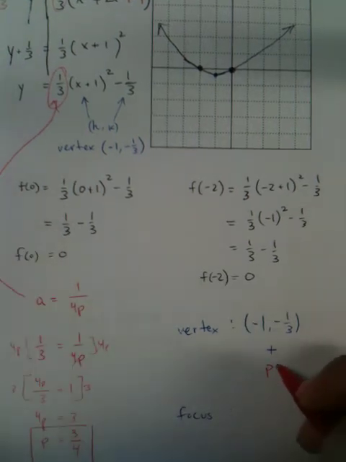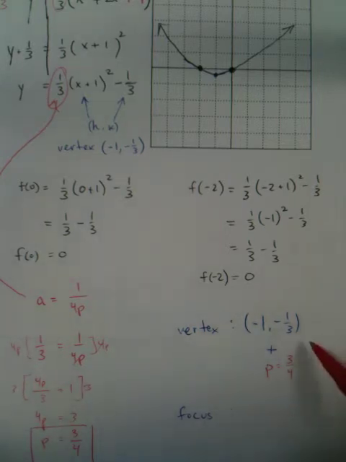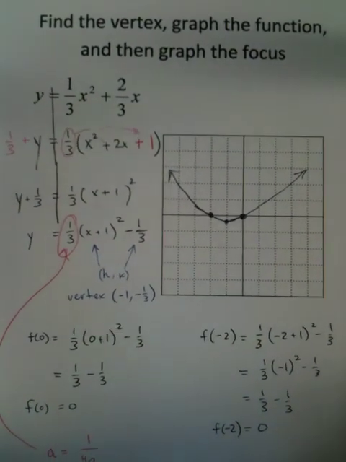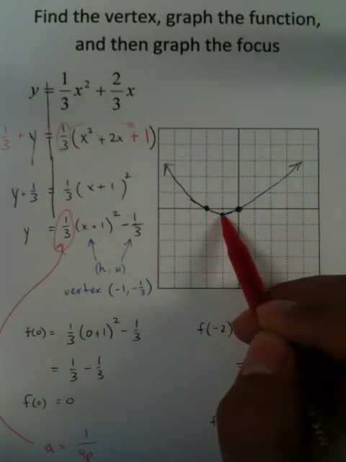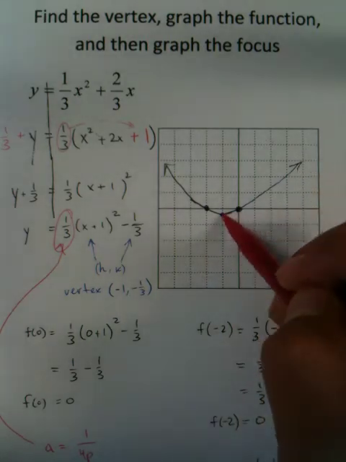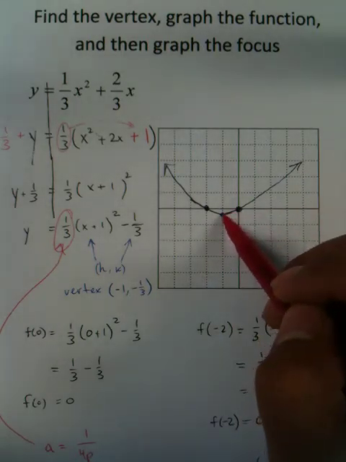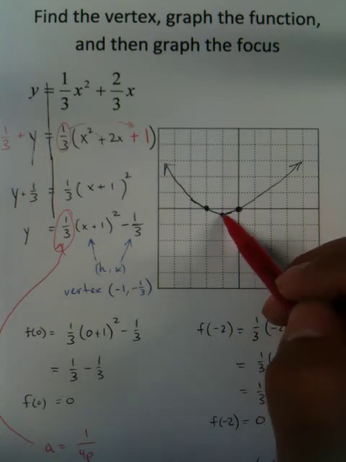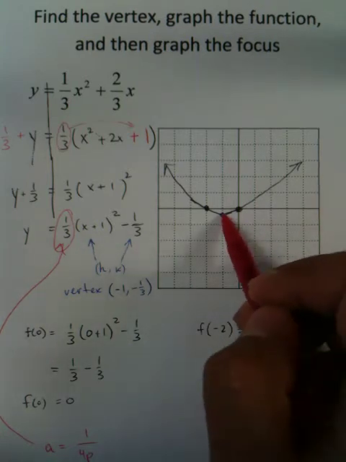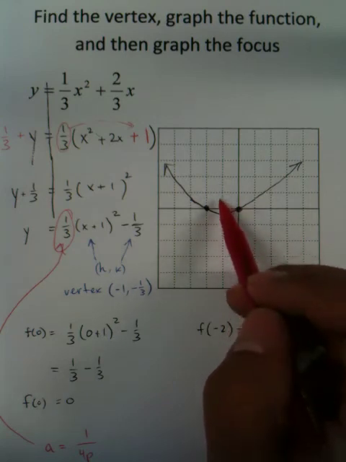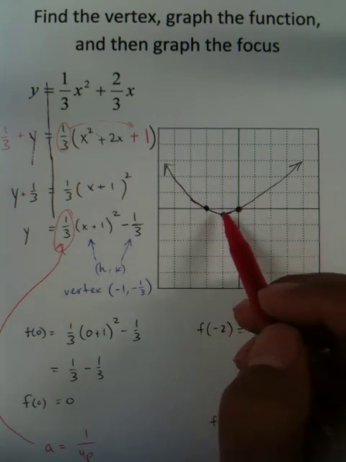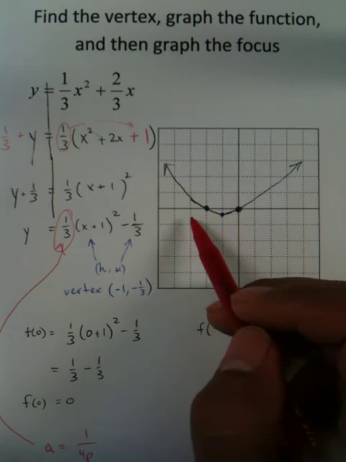So you're adding 3/4 to the vertex. But where? Do you add it to the x? Do you add it to the y? That changes every single time, and it's based on this picture. Because your vertex is what guides your focus. So if you need to add p to your vertex, there's only two directions it can go, either up or right. If you subtract p, it'll go down or to the left.